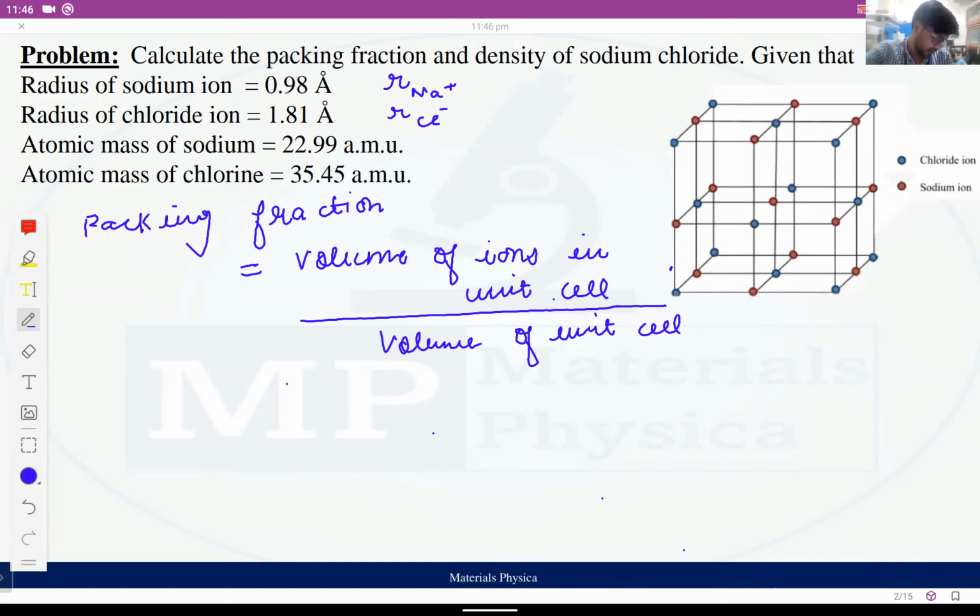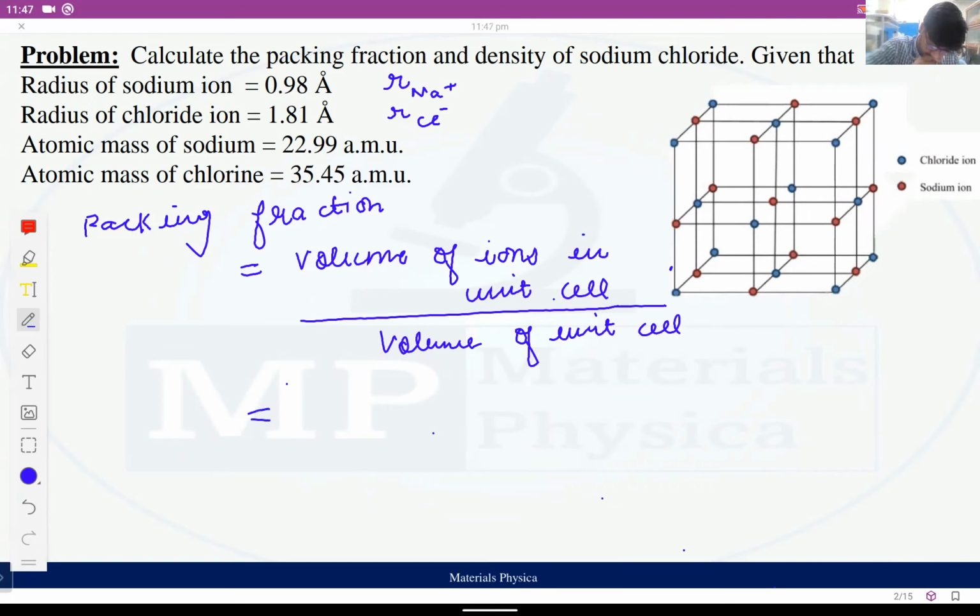Here we have the radius of the sodium ion and the radius of the chloride ion, so we can easily calculate the volume of the ions in the unit cell. But for the volume of the unit cell, we have to evaluate the value of the lattice parameter, because the volume of a unit cell for a cubic crystal would be a cube.